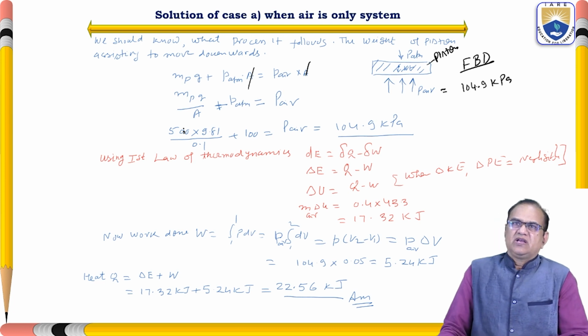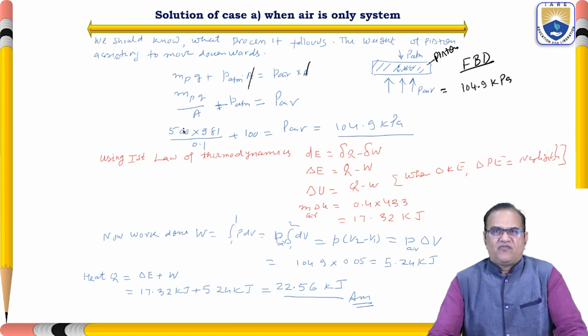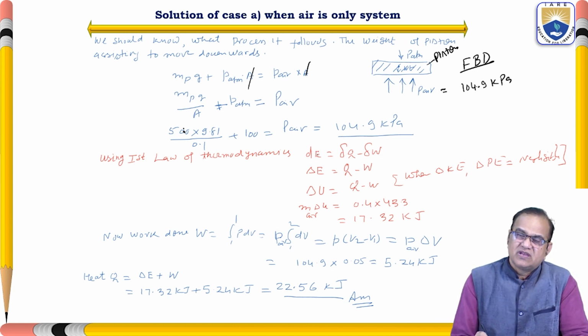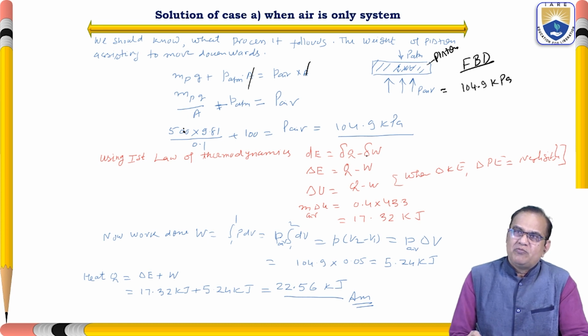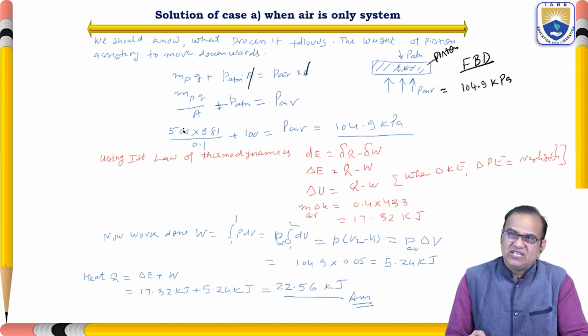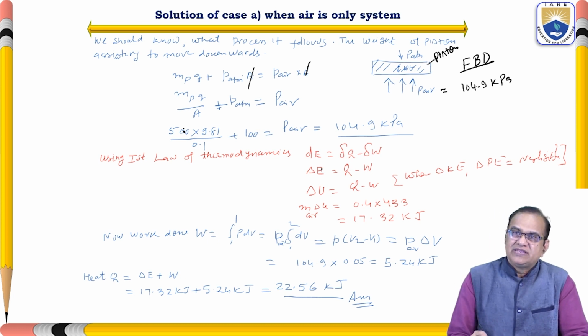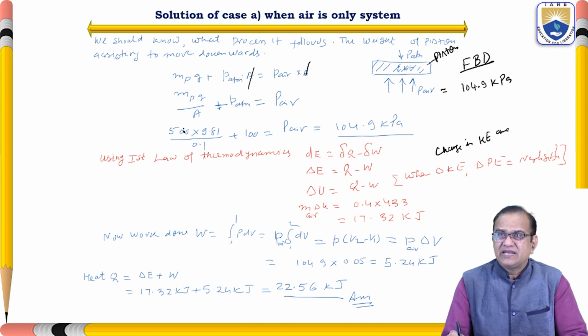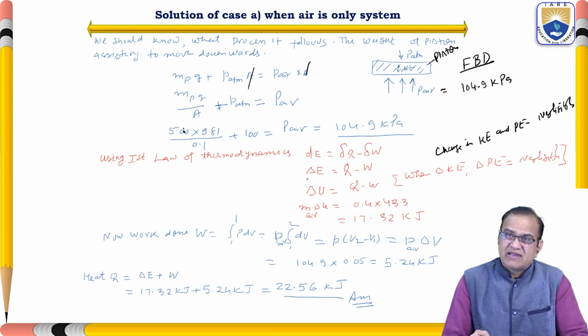Now we have to use the first law of thermodynamics. The change in energy is equal to Q minus W, so delta E is equal to Q minus W. If the kinetic energy and potential energy changes are negligible, this can be converted to specific energy.